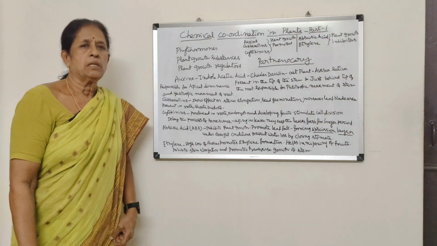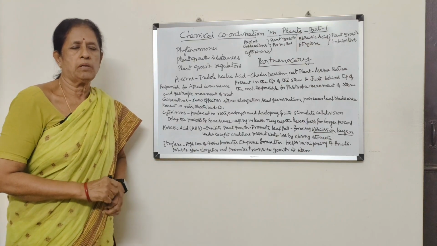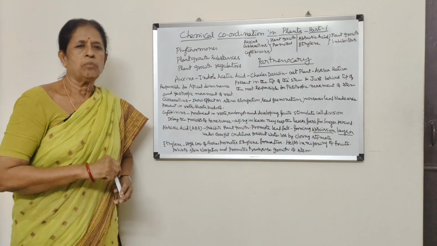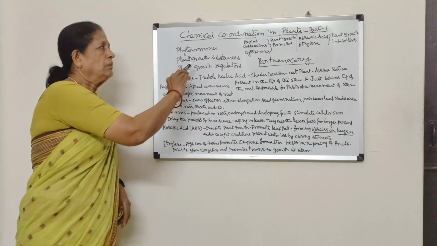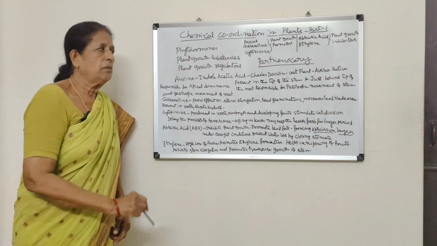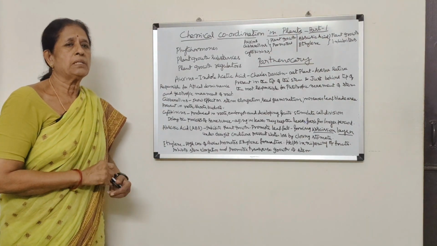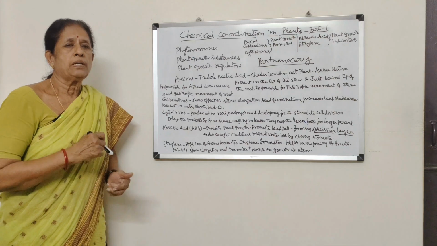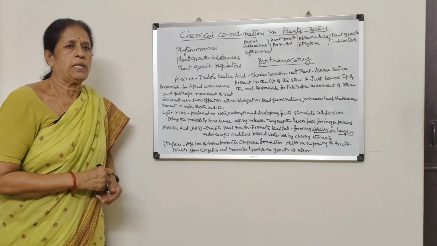Plants are sedentary in nature. Sedentary means they are fixed to a particular place and cannot move from one place to another. They do not have a nervous system like animals, but in plants certain chemical substances are secreted which regulate, control and promote the growth of the plant.